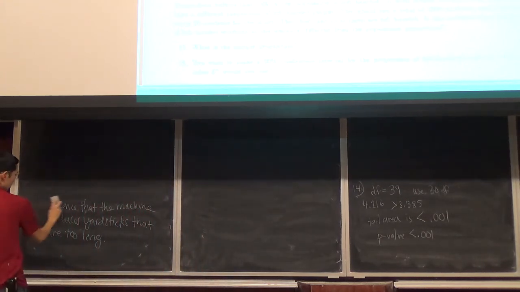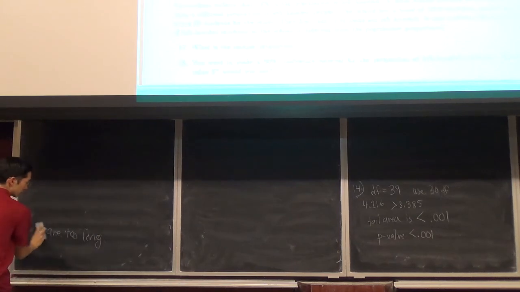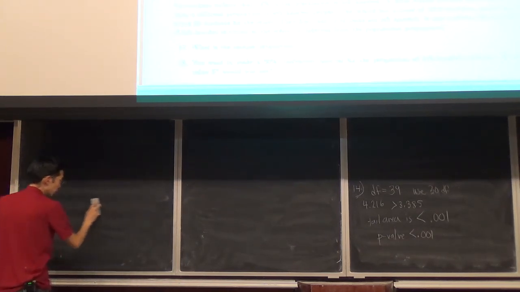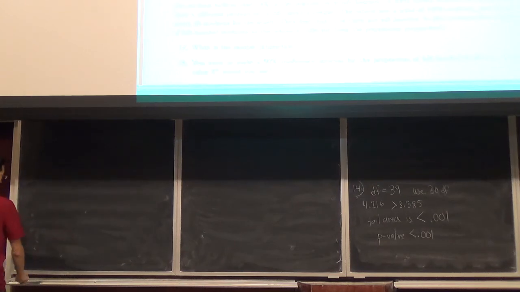90 over 100. Okay, so we want to know what proportion is left-handed. So our sample proportion, what is our sample size? No, it's 90. Oh, sorry. The sample size is 90.